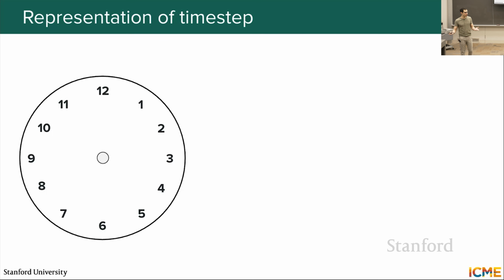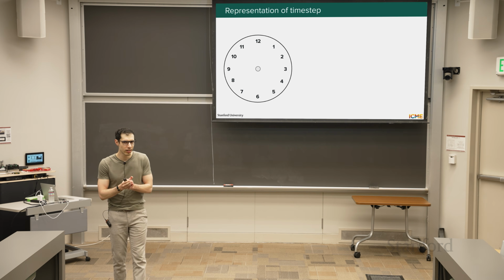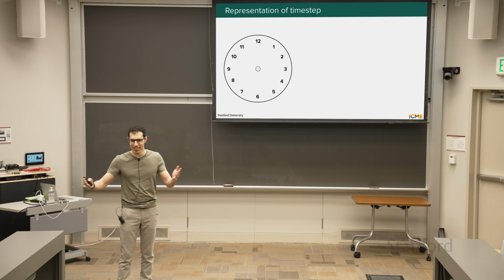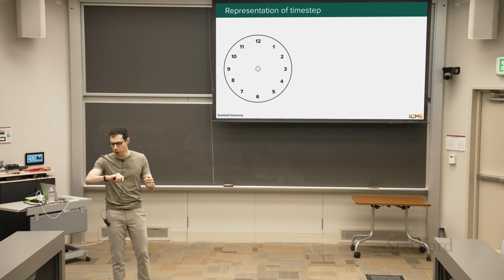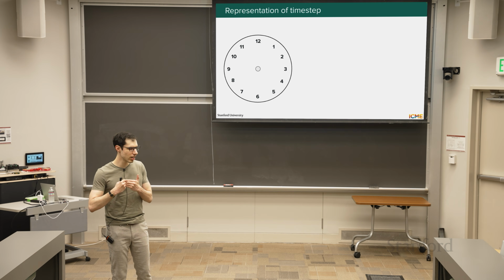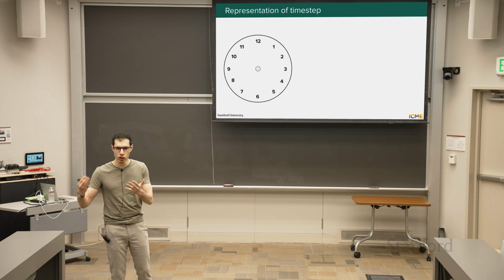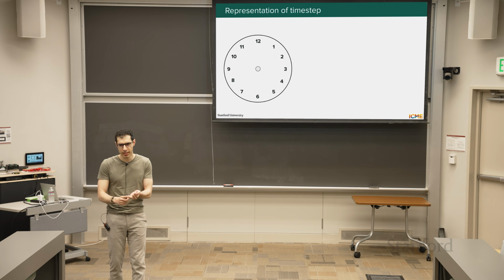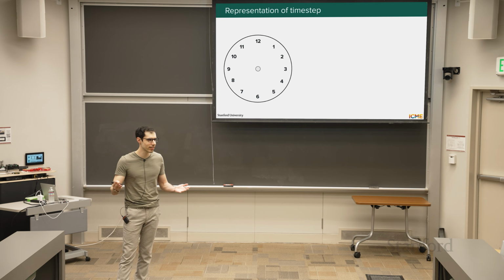Here, the goal is to represent the timestep in a d-dimensional space. Before I tell you how we do it, I just want you to look at your watch. As humans, we construct time as a function of different dimensions: hours, minutes, seconds, days, and so on.